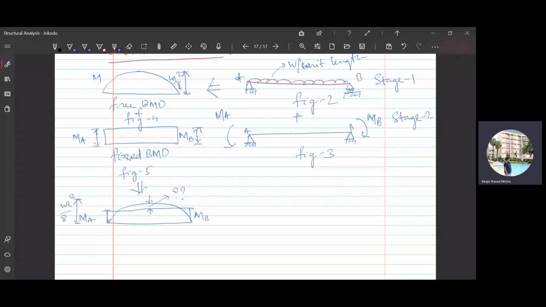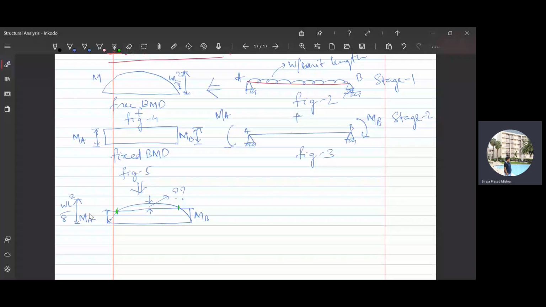In the previous class I told you, these 2 will be the points of contraflexure for the whole beam. Now, do we know what this value is? No. Even we don't know this value, we need to find out. So we need to find out the point of contraflexure.